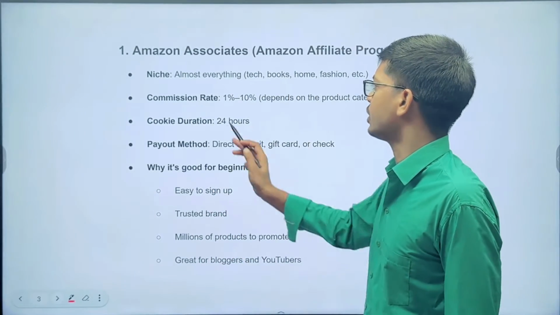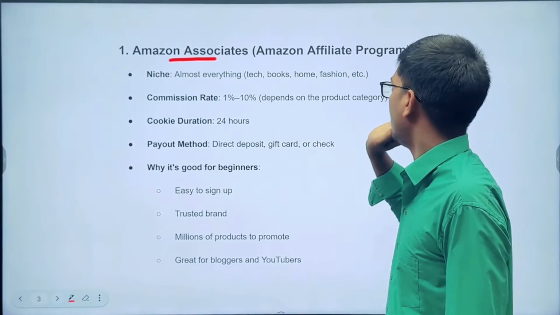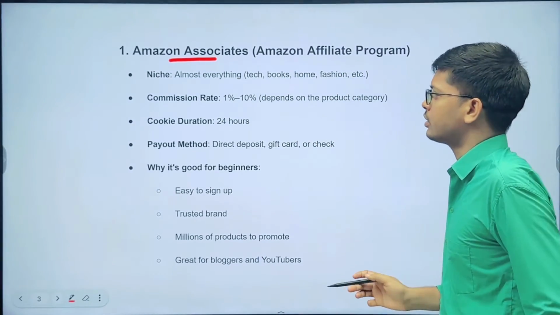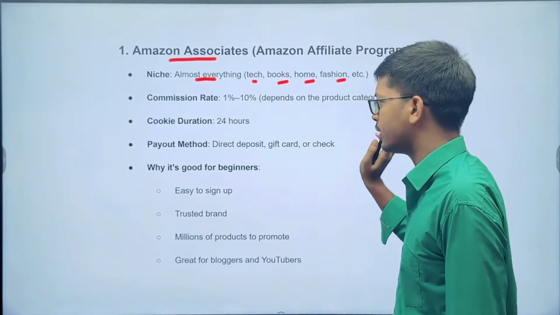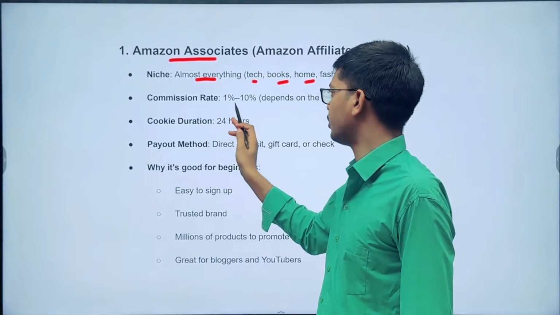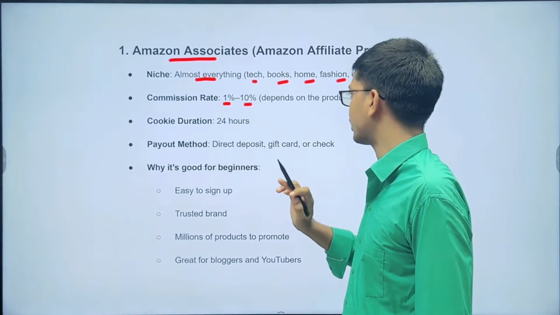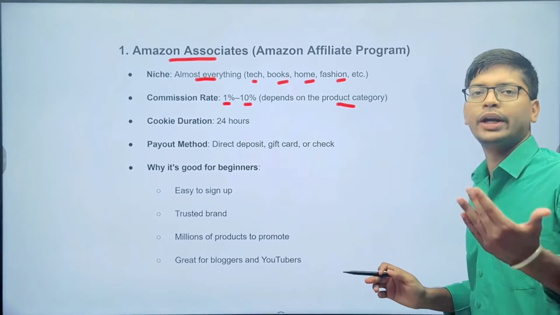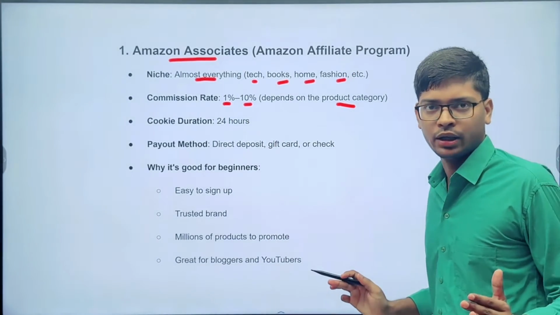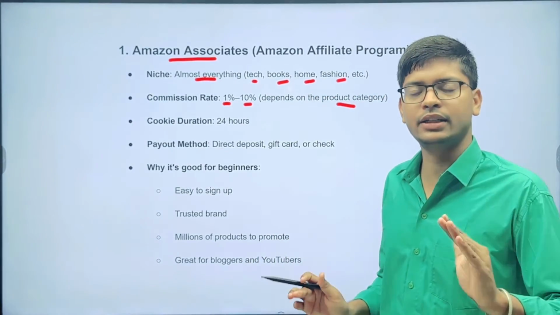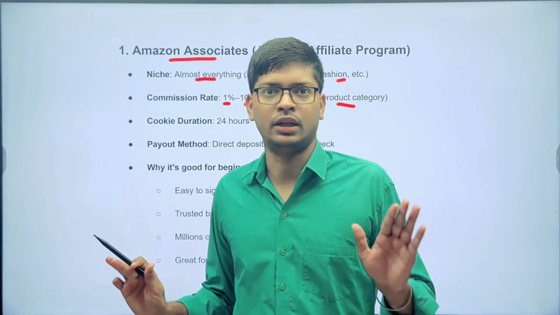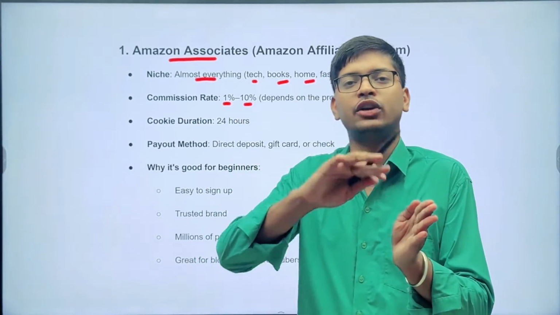First is Amazon Associates. The Amazon affiliate program covers almost everything, like tech, books, home, fashion, etc. You can get a commission rate of 1% to 10%, depending upon your product category. If you choose a finance category, you will get more commission, more than 5%.